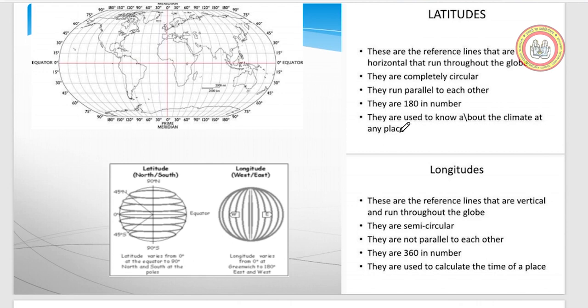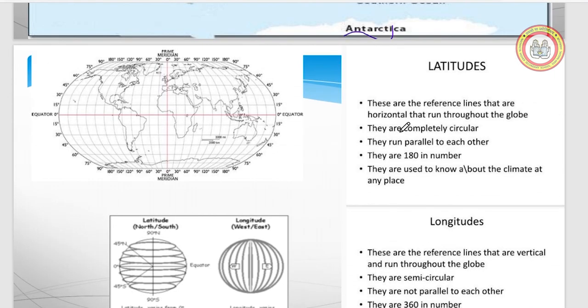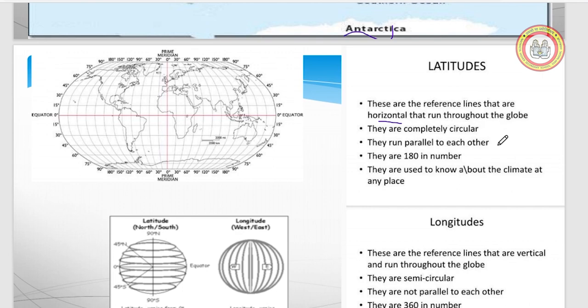Now we'll come to know about the latitudes and the longitudes. Latitude is the measurement of distance north and south of the equator. As we know, the equator is the largest latitude on the globe. Latitudes are the reference lines that are horizontal, that run throughout the globe.